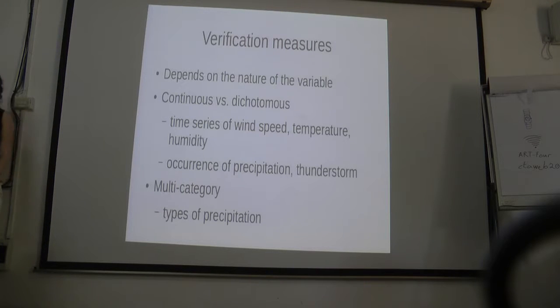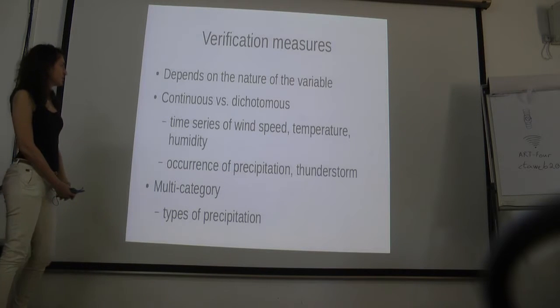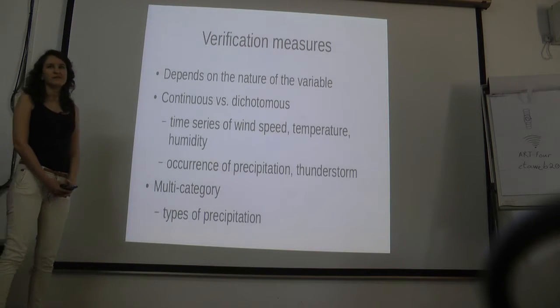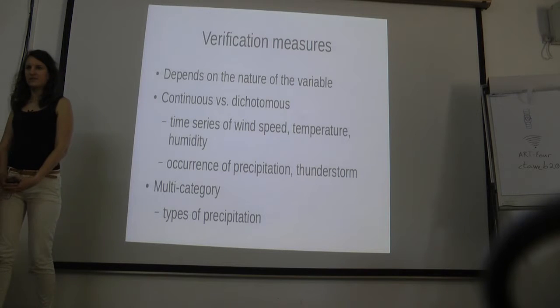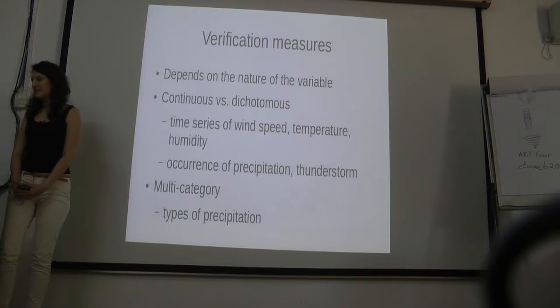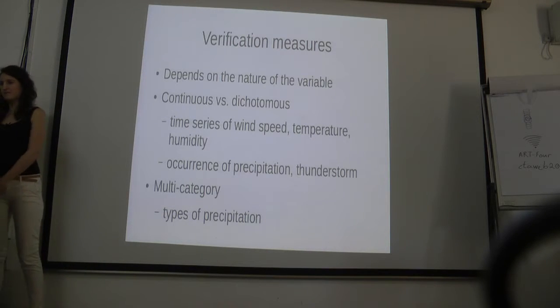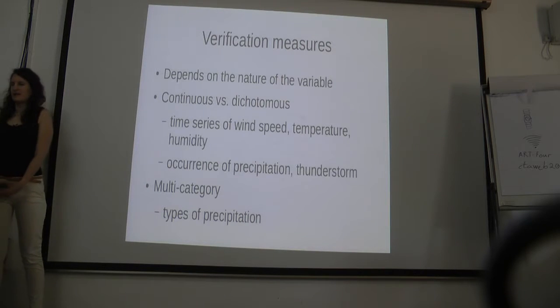What are the measures of the error that we can have in our verification? It depends on the nature of the variable that we are verifying. For example, the most common are the continuous series.